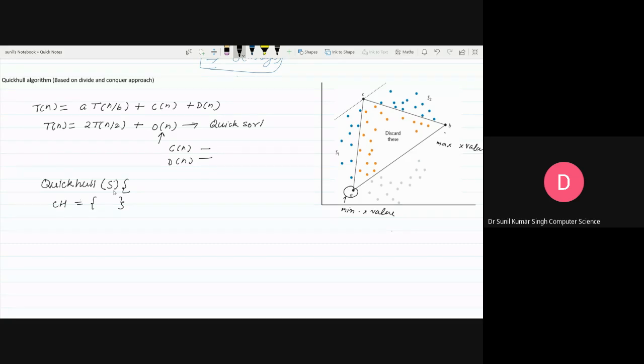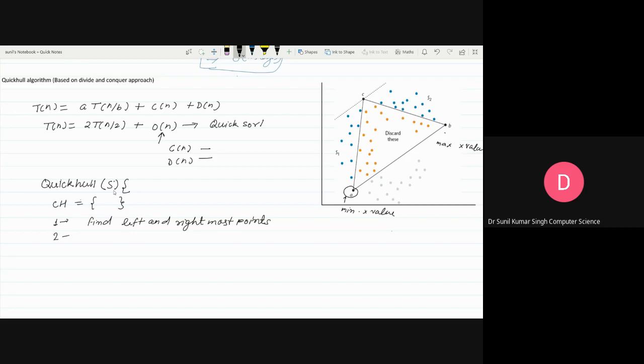And then after that, what we have to do: first find the leftmost and rightmost points. So the leftmost point is A and the rightmost point is B. And then we have to join these points.